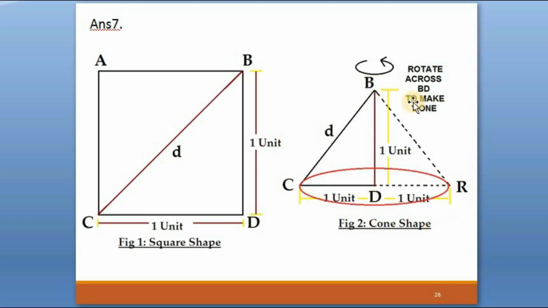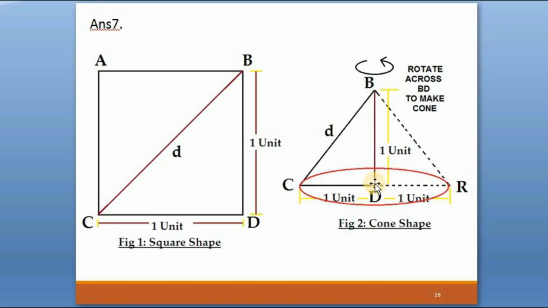So if we are revolving BC across BD, the shortest edge, we will frame this cone as BCR, right? This is the cone which is actually framed by rotating across BD, because it is given to us that along the short edge it has to be rotated to make a solid cone.